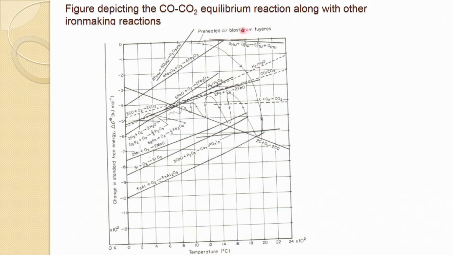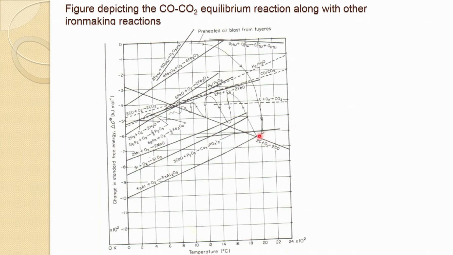Preheated air blast from the tuyere enters somewhere at this temperature, and the temperature keeps on increasing with the reaction. So, CO2 forms and the CO2 becomes high, but as soon as it comes in contact with the excess carbon, CO is formed. This is a CO line.